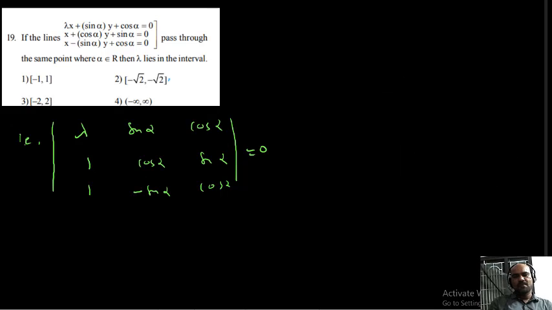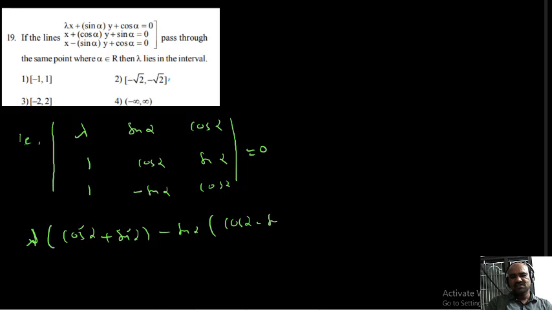Easy one only. Listen students: lambda times (cos square alpha plus sin square alpha), minus sin alpha into (cos alpha minus sin alpha), plus cos alpha into (minus sin alpha minus cos alpha) equals 0.